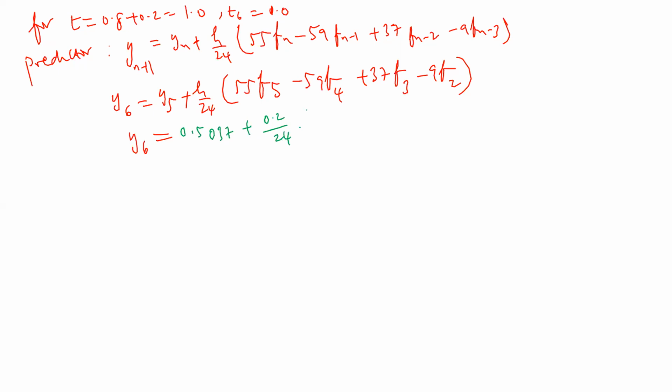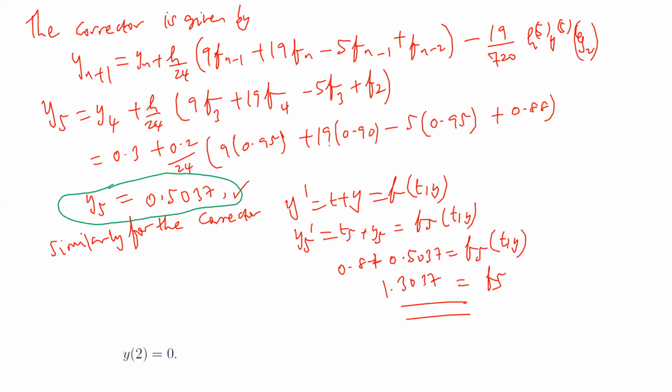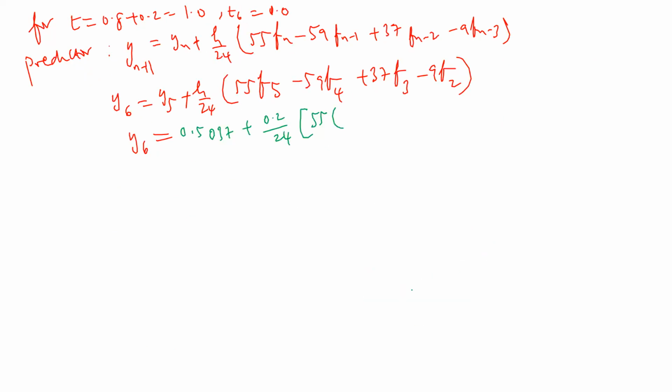0.2 over 24. What is F5? We got F5 for the corrector. F5 is this one, 1.3037.